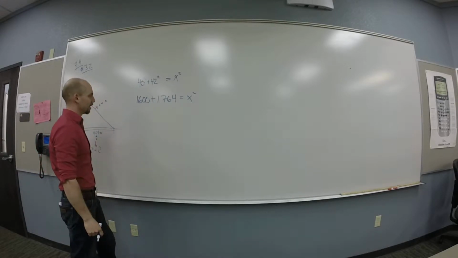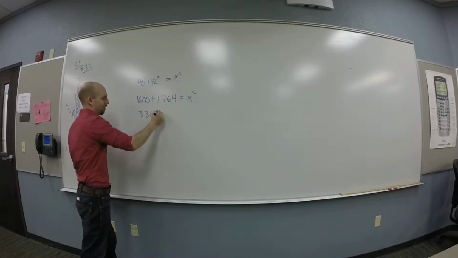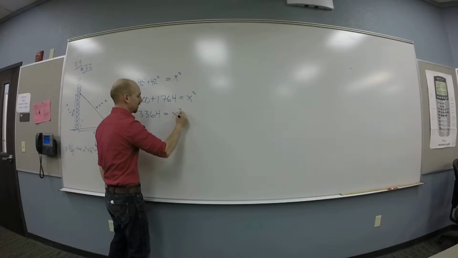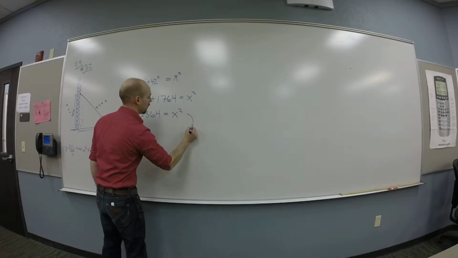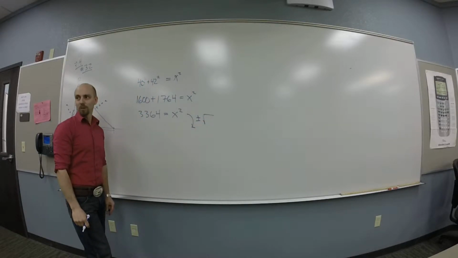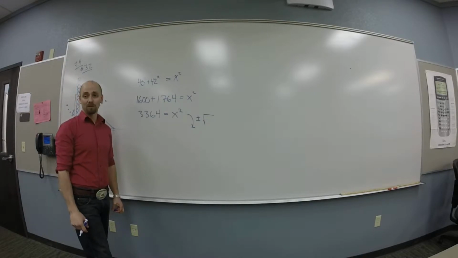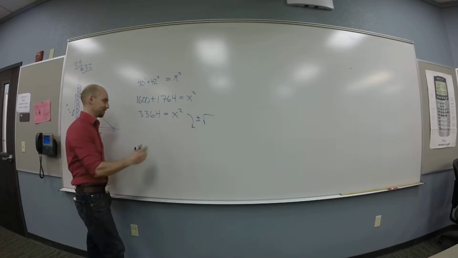Okay, add those together and get 3364 is x squared. Then what? Square root of both sides. Don't forget your plus or minus. Is one of those going to make sense here? Yeah, only one of them is going to make sense here, right? The negative guy wire is probably not an option.